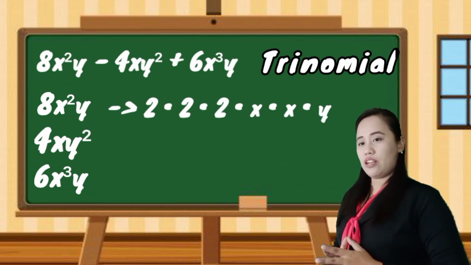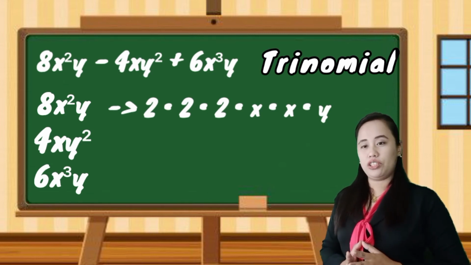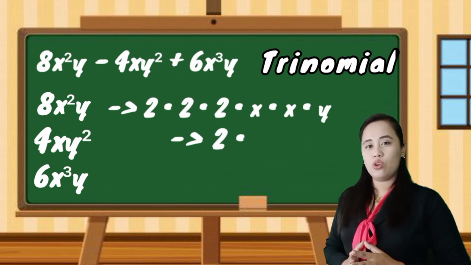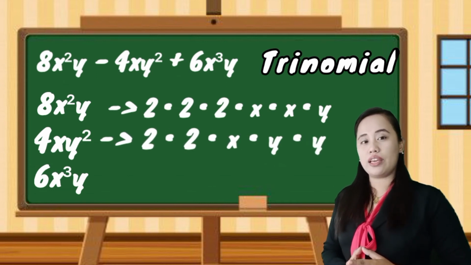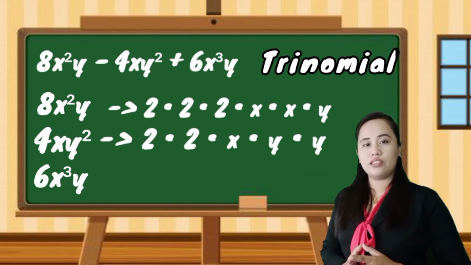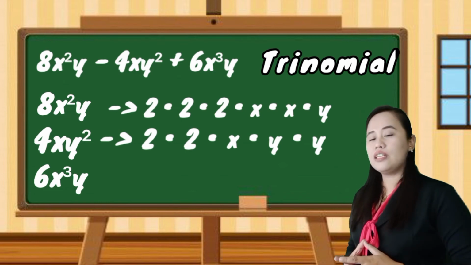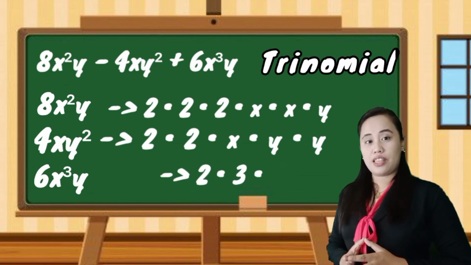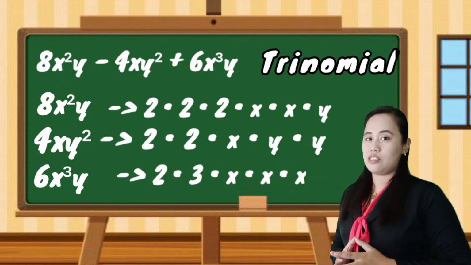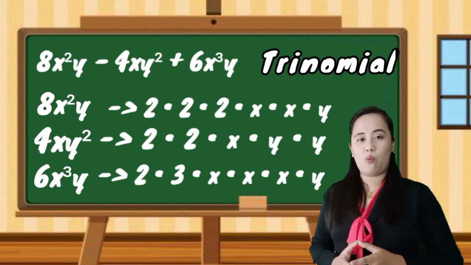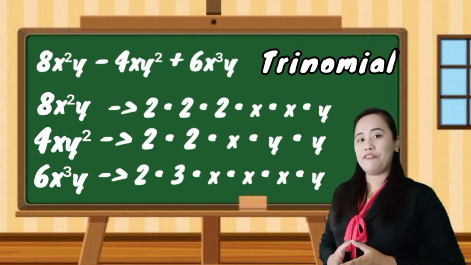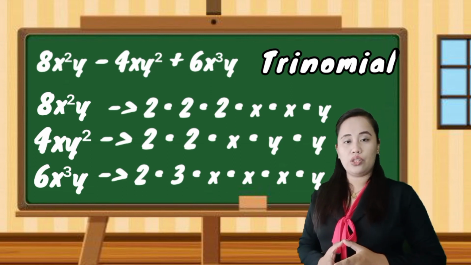For 4xy squared, we also have 2 times 2 times x times y times y. For 6x cubed y, we also have 2 times 3 times x times x times x times y. So these are the prime factors of our 3 terms.